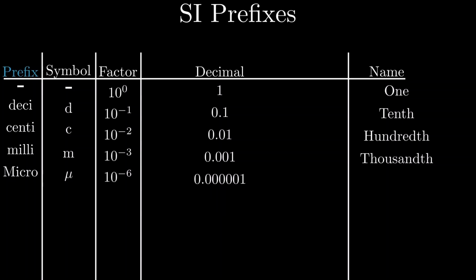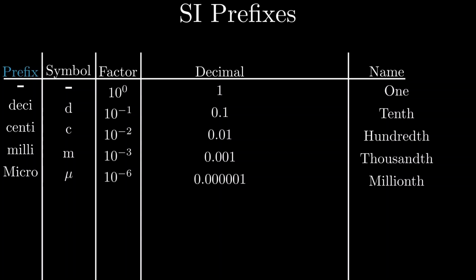Micro is 10 to the negative 6, that's a millionth. And again, you will see this in electrostatics. For example, when you have microcoulombs, you write that in scientific notation. If you're going to do your calculations, in the place of micro, place 10 to the negative 6.